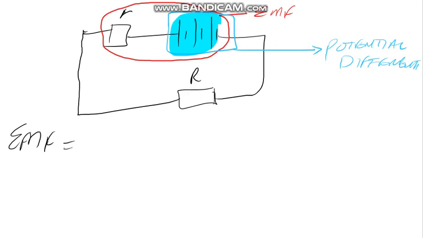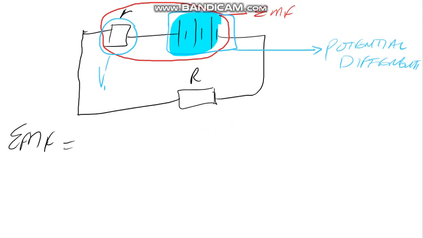voltage across everything. Remember, on that resistor you'll have V1, and on that small resistor you'll have V2. So you'll have a voltage on that small resistor, which is your internal resistor, and you'll also have a voltage on that bigger resistor, the external resistor.